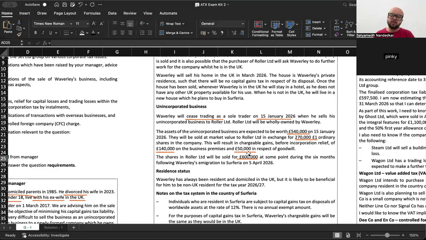Assets of the unincorporated business were expected to be 5,40,000, sold to Roller Limited in exchange for 2,70,000 ordinary shares in the company. How much will the capital gain be? The capital gain is given to you: on business premises 1,40,000, on goodwill 50,000. That entire amount qualifies for incorporation relief.